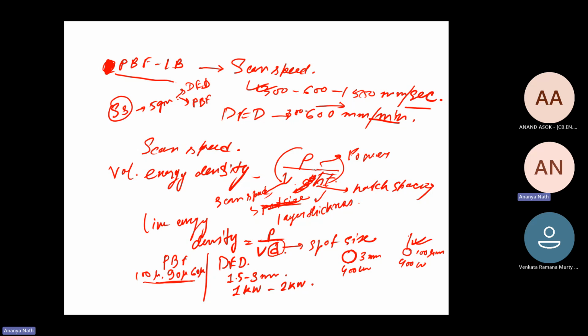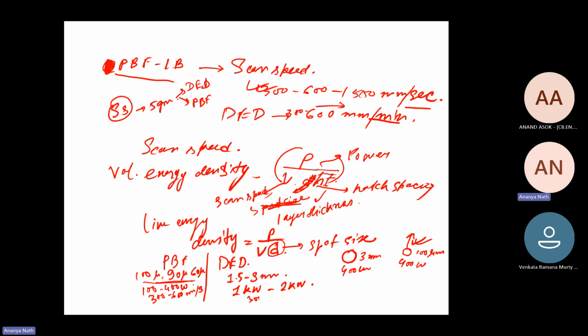This will have a very high energy density than this one because it's a small spot. At a small spot, the same power gives higher energy density. Because of which here we use very less power, 100 to 400 watt, and a very high scan speed.